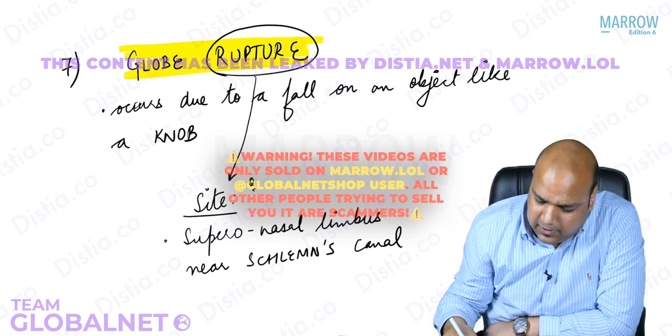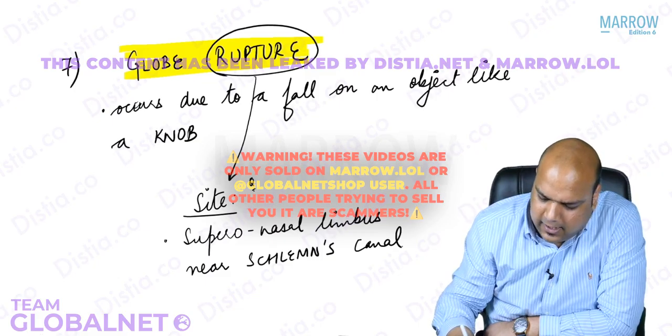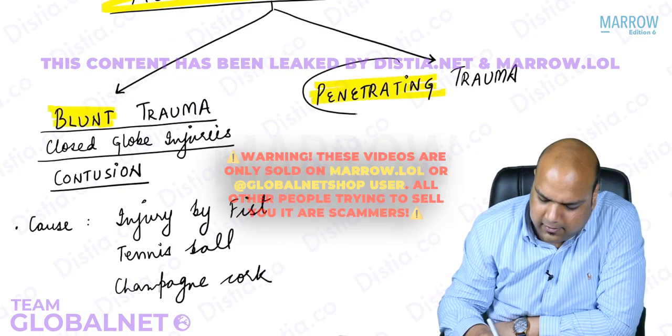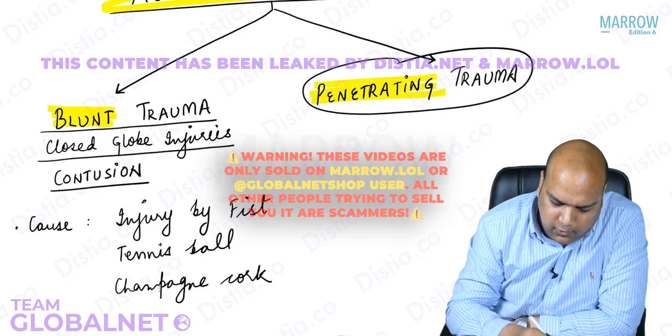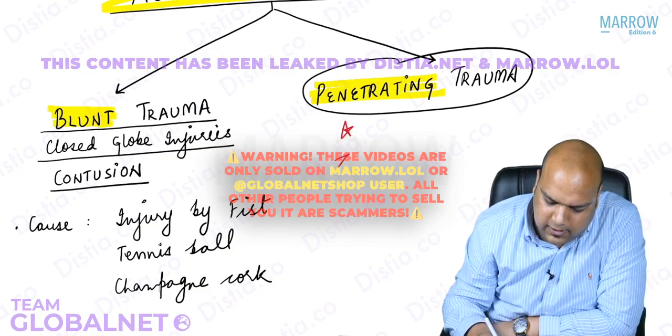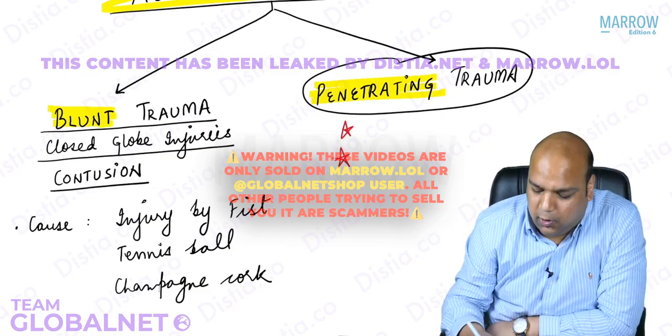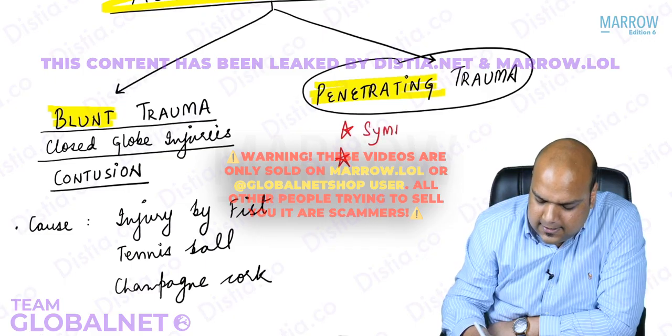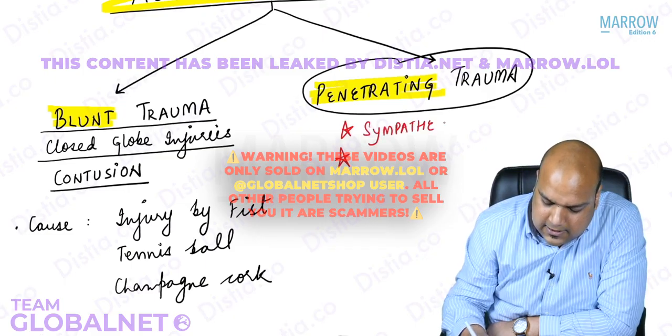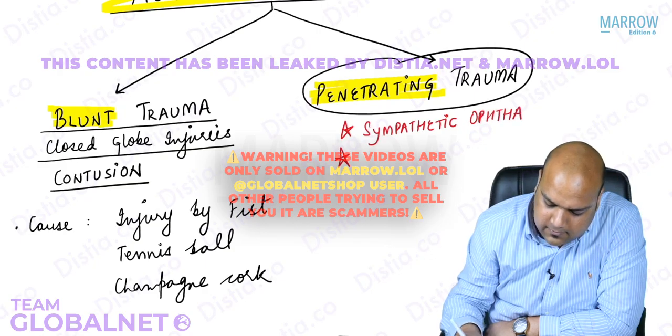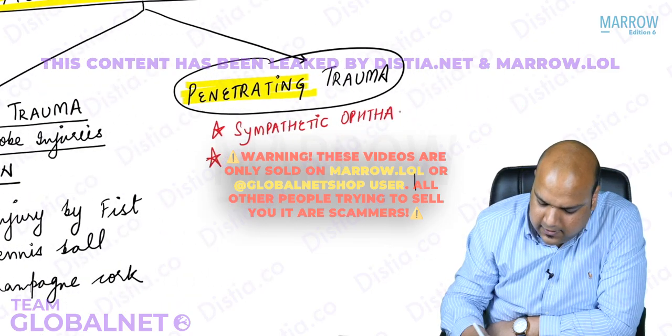Now that we are done with blunt trauma, everybody, let us start with the second part, and that is penetrating trauma. In penetrating trauma, there are two important things that we need to remember. Penetrating trauma leads to a condition called sympathetic ophthalmitis. Yes or no? Yes, we have heard of this.